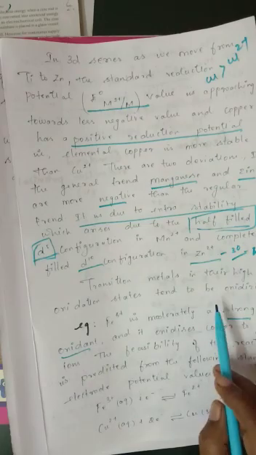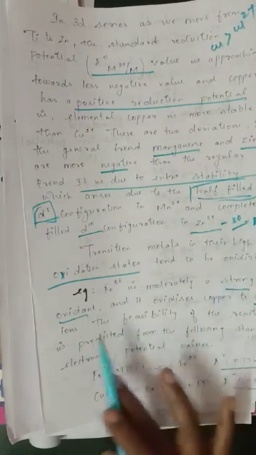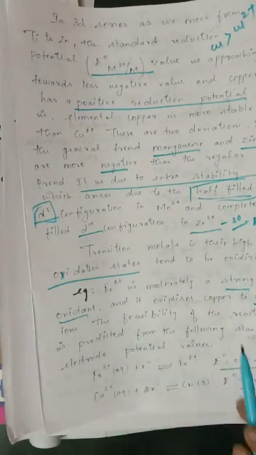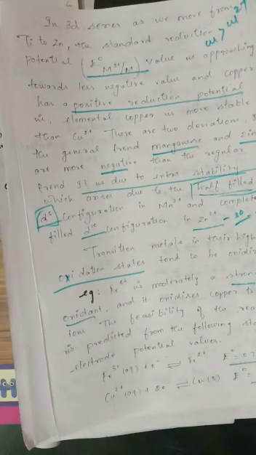Transition metals in their higher oxidation states tend to be oxidizing. For example, Fe3+. Iron is a moderately strong oxidant, it lies in the middle, isn't it? It is a strong enough oxidant and oxidizes copper to Cu2+. So, for copper to Cu2+ ion, the feasibility of the reaction is predicted.